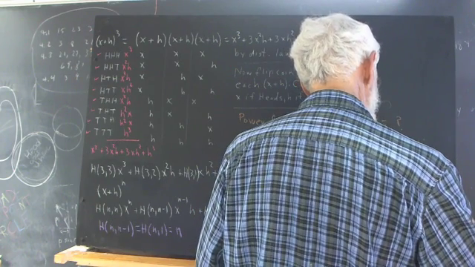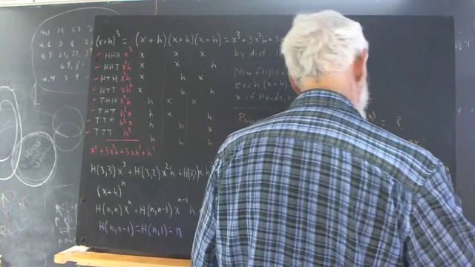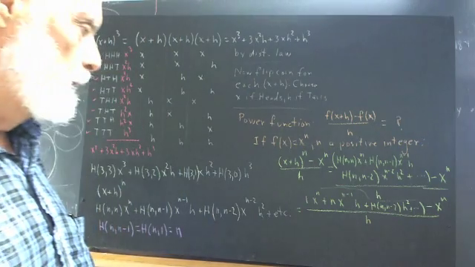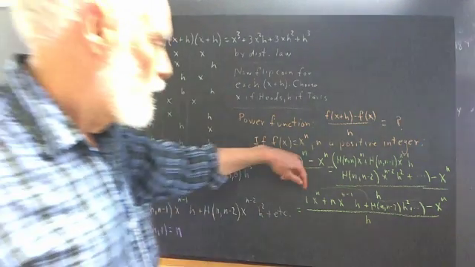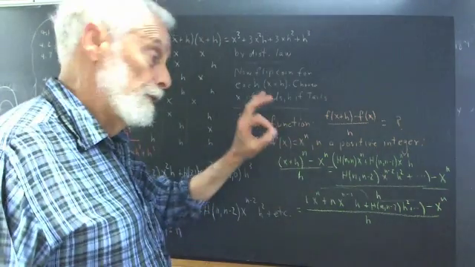And then from that we subtract x to the n, all divided by h. Well, 1 times x to the n minus x to the n leaves us 0.